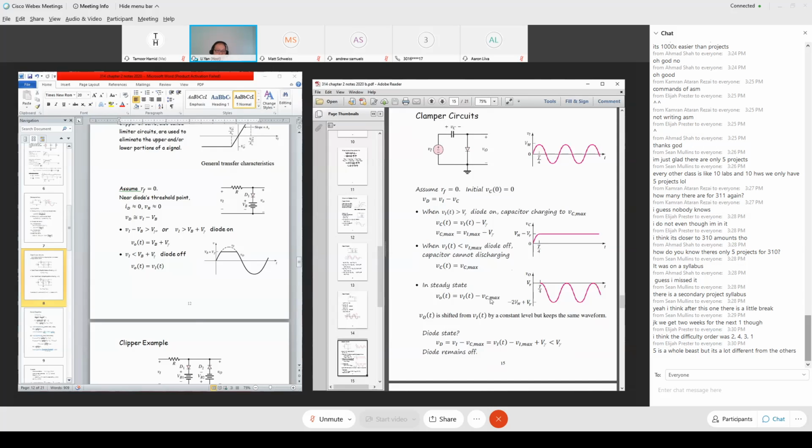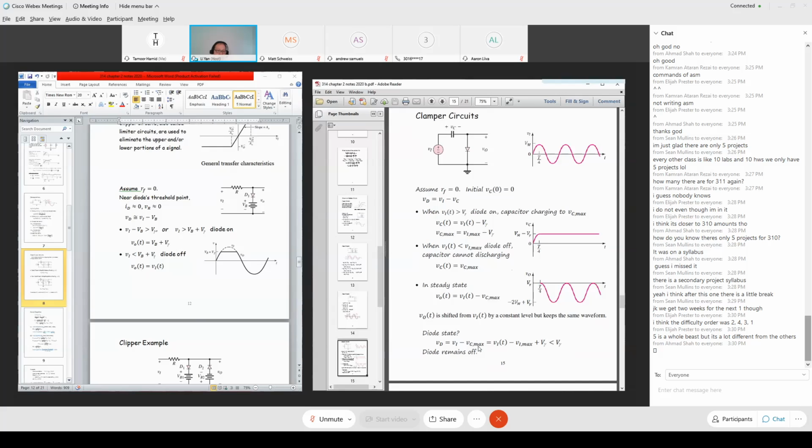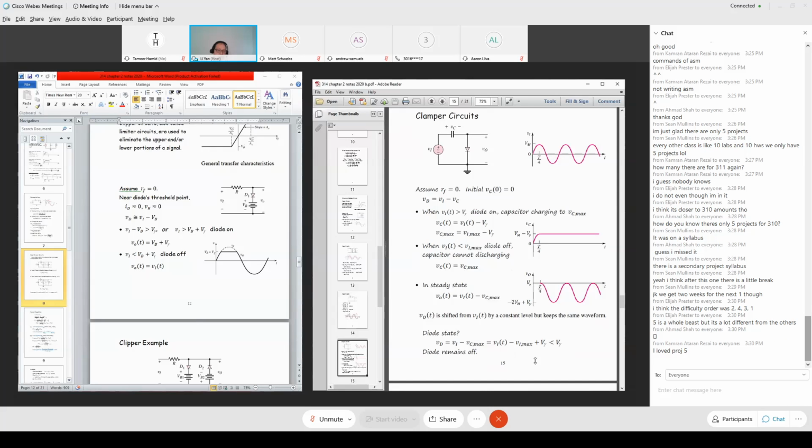Substituting the VC maximum, given by this expression, finally I have VI minus VI maximum plus V gamma.